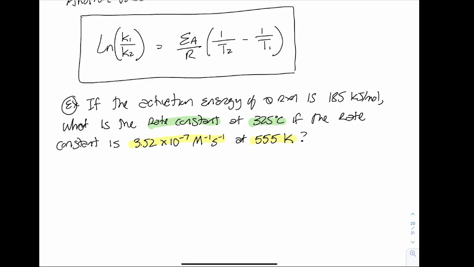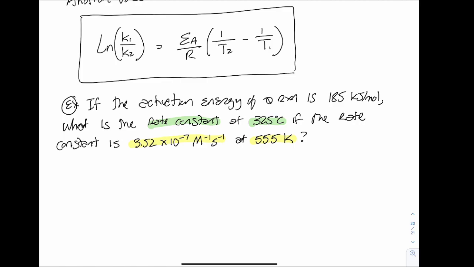So I'm going to make these my ones. Again, if you want to make those the twos, you can. So this is going to be k1 and T1. If you want to make this k2, make this k2, or T2. Again, if you want to make those ones or twos, it doesn't matter, but you have to keep the pairs together. So the rate constant at this temperature. So whatever number you make those, make sure you make them the same. And then we're solving for the rate constant at a different temperature.